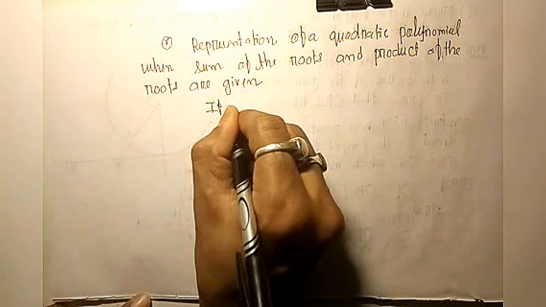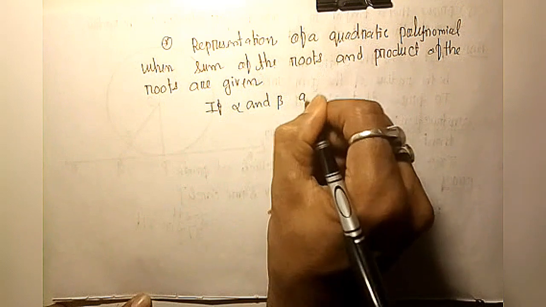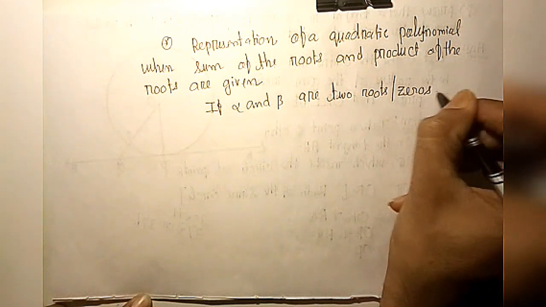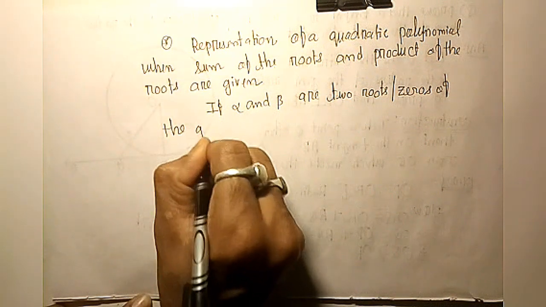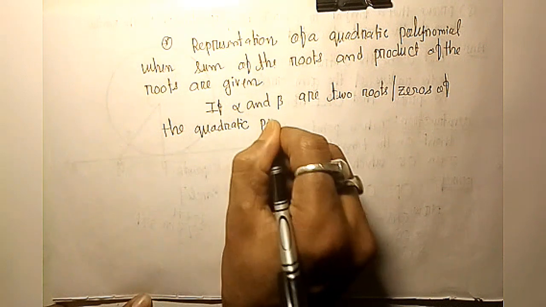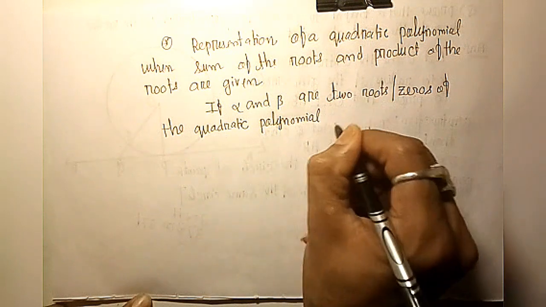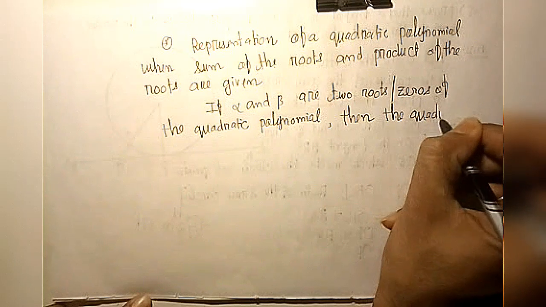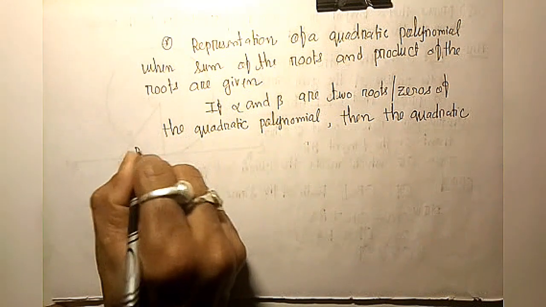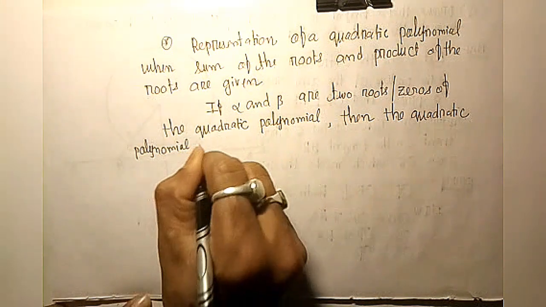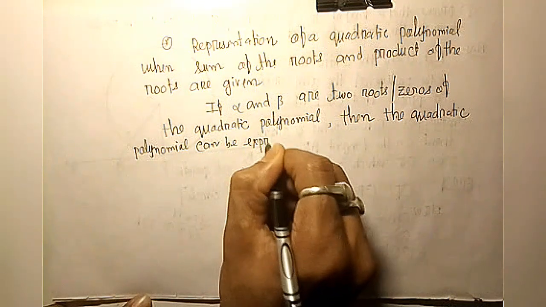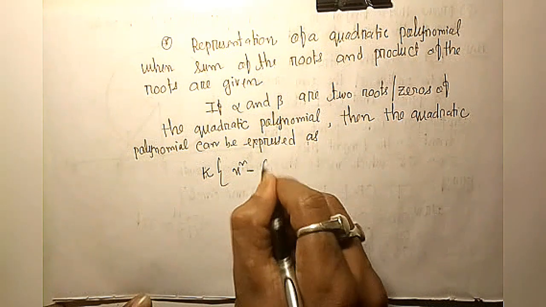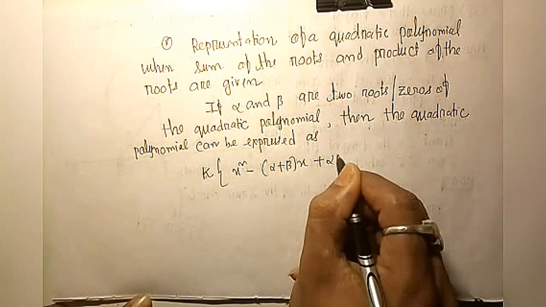So if alpha and beta are the two roots or zeros of the quadratic polynomial, then the quadratic polynomial can be expressed as k bracket x square minus (alpha plus beta) into x plus alpha into beta.